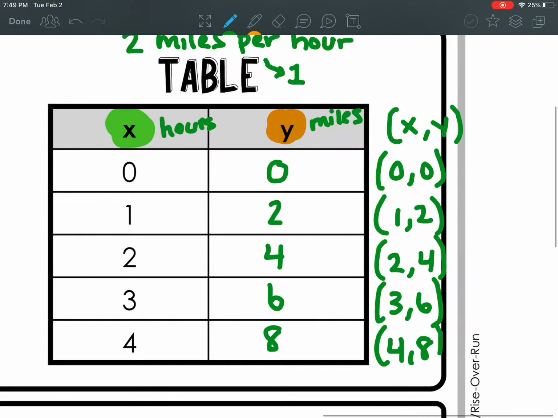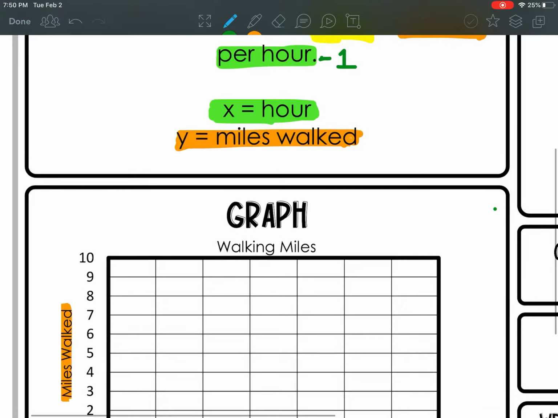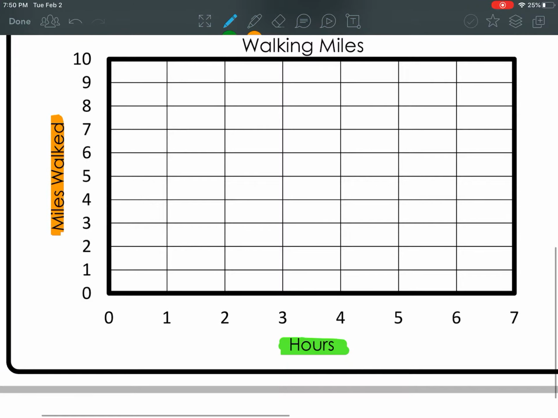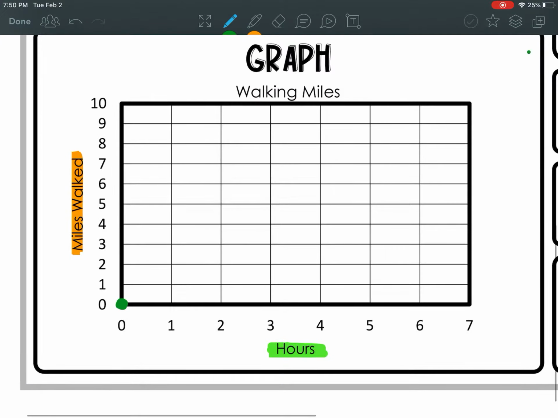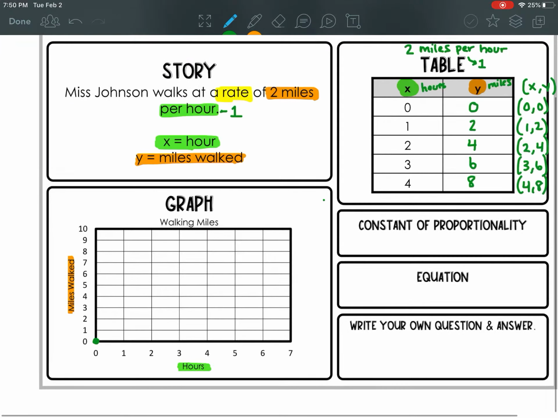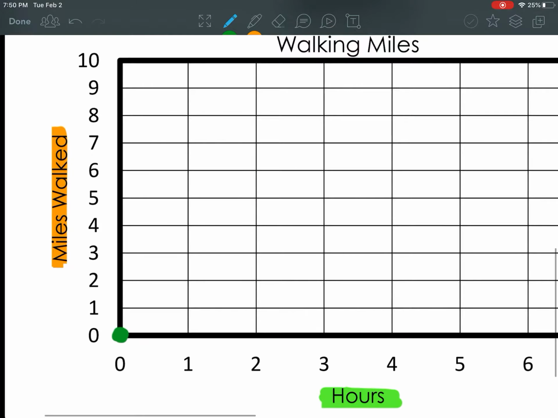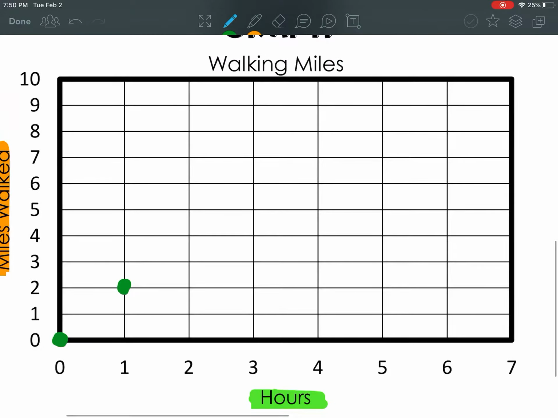And we can also use the x and the y axes to plot all of these points and see what it looks like on the graph. So 0 hours, 0 miles walked. So on our x-axis, we have our hours. We'll go to 0, and 0 is right here. So then the next ordered pair, we have 1, comma 2. So 1 hour, we're going to go to 1 hour on the x-axis.